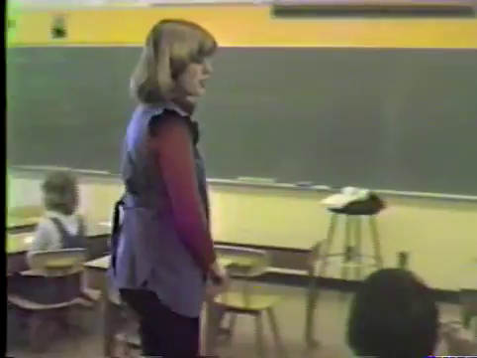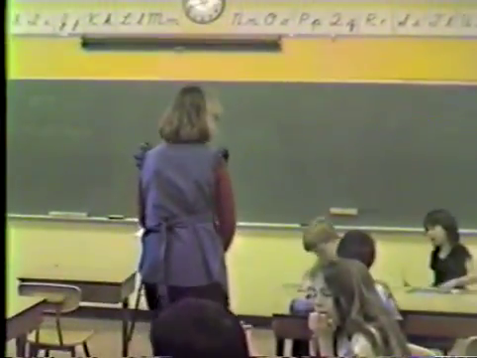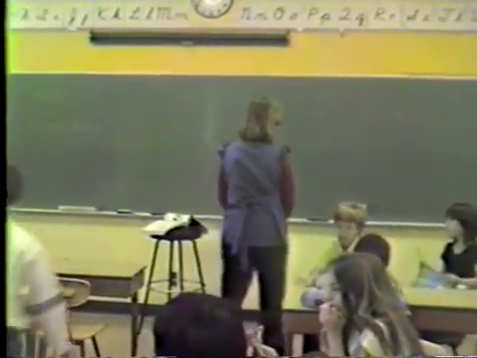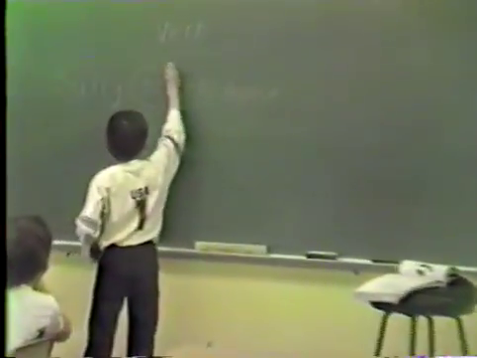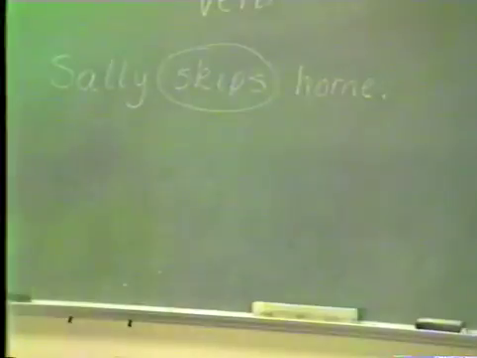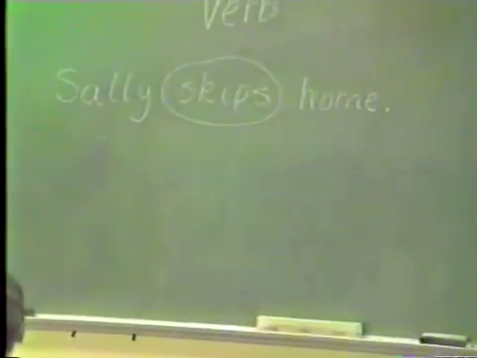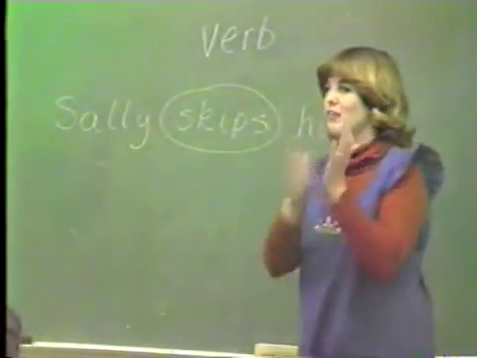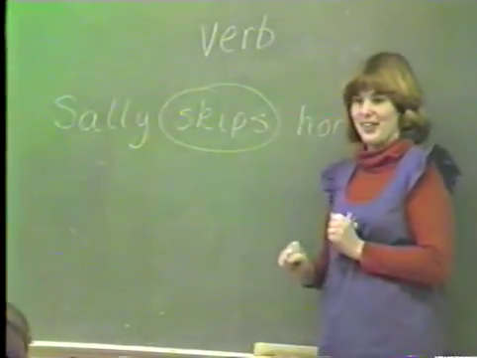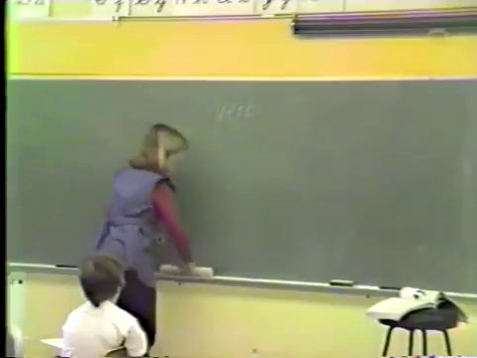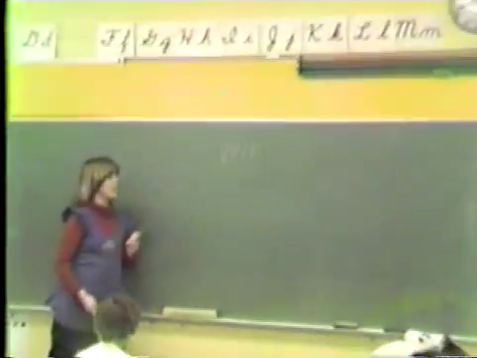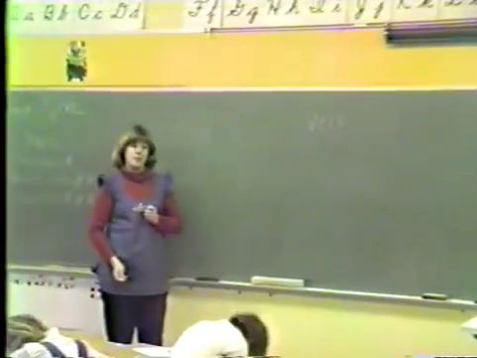Jeff's going to go up and circle it, and then you can check your paper. Give yourself a little hand if you got the right answer. You picked the right verb out in the sentence, Sally skips home.